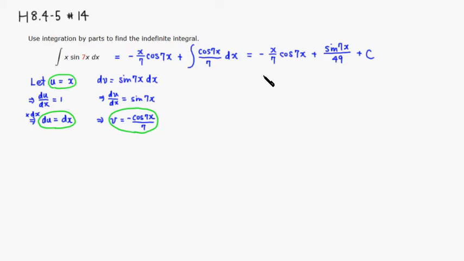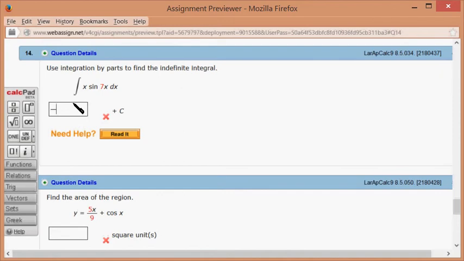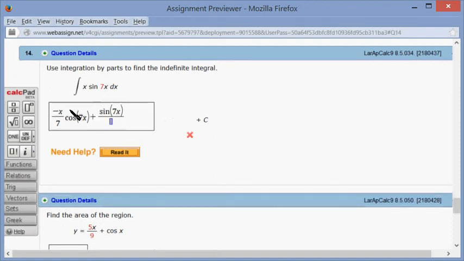So let's type this in. The answer we found was negative x over 7 cosine of 7x, plus sine of 7x over 49, plus c.